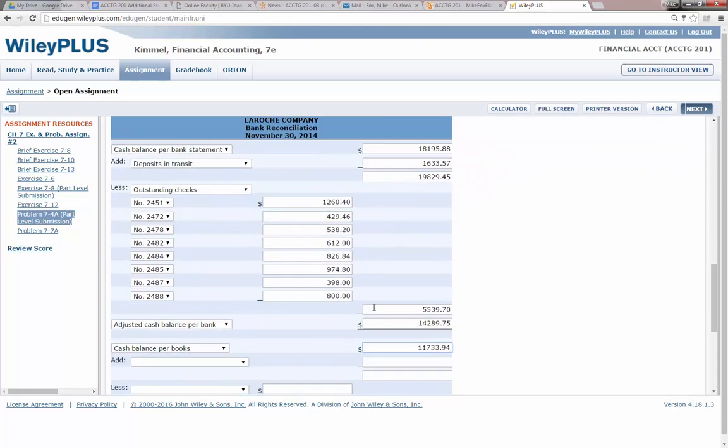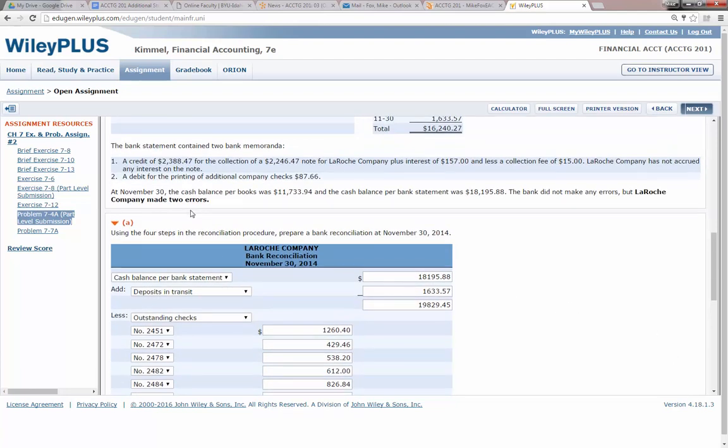It's your favorite part about Wiley Plus. All right. And then we will add in the collection of the note receivable, so that credit memoranda. So a credit of $2,388.47 for the collection of a $2,246.47 note, plus interest of $157, less a collection fee of $15. So $2,388.47.